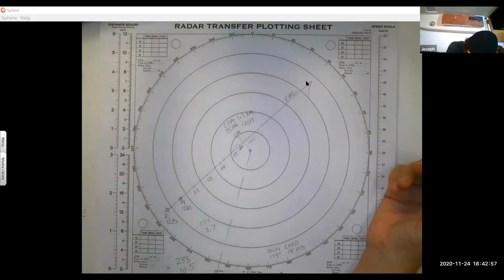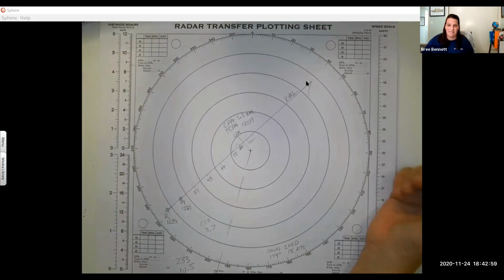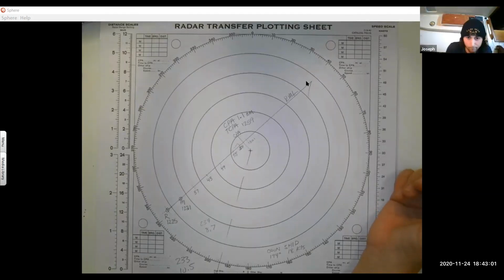I need to start drawing bigger on here. 59. You said the margin for error for this part is plus or minus 2 minutes?